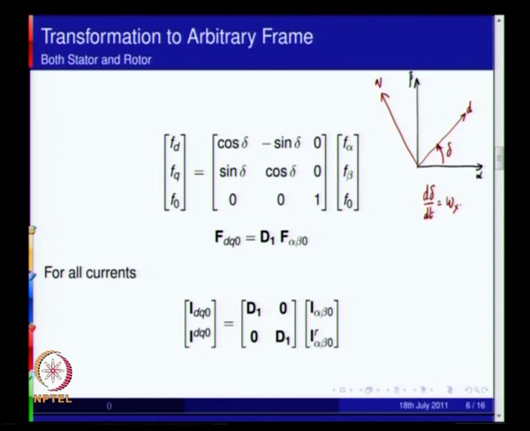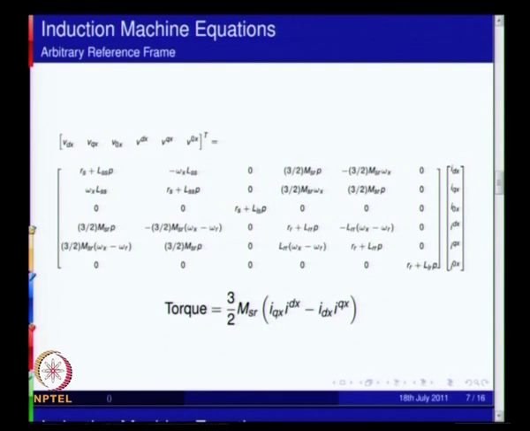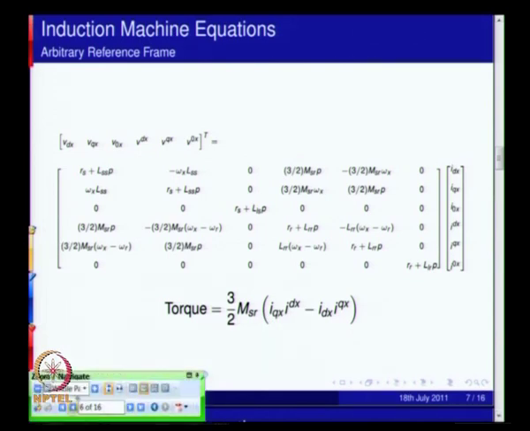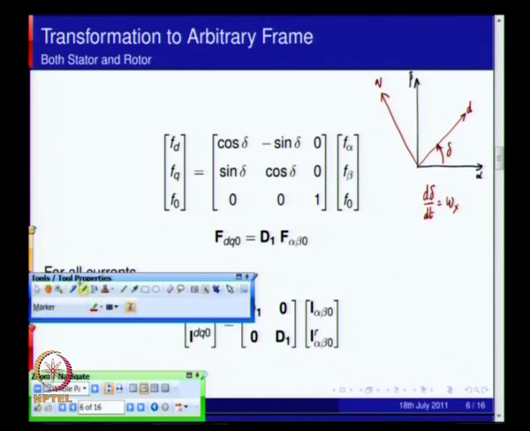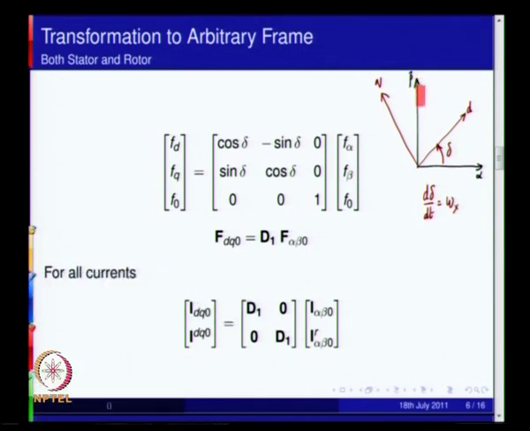If that is the case, then the same MMF produced by excitations on the alpha and beta will now be produced by excitations along d and q. If those two have to produce the same MMF, then the equations relating alpha beta MMF sources and dq MMF sources are given by this expression.